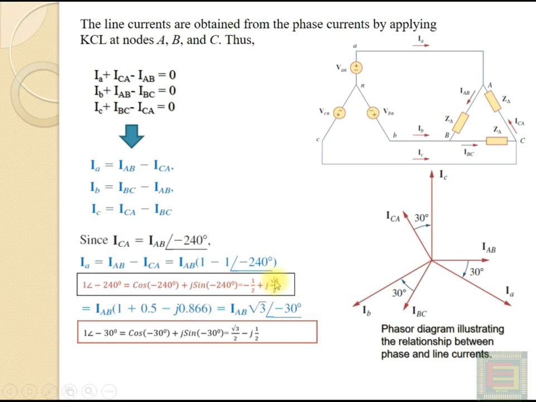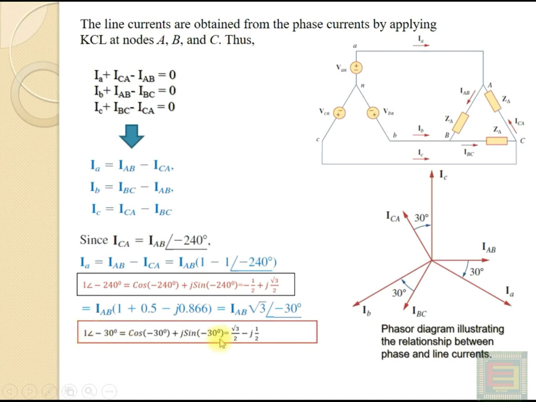If you substitute this relation here, you get IAB into 1 plus 0.5 minus j 0.866, which will be equal to 3 by 2 and here root 3 by 2. So, if you take root 3 outside, you get 1 by 2 inside the bracket, root 3 by 2 minus j 1 by 2. You can see that this root 3 by 2 minus j 1 by 2 is 1 angle minus 30 degrees.